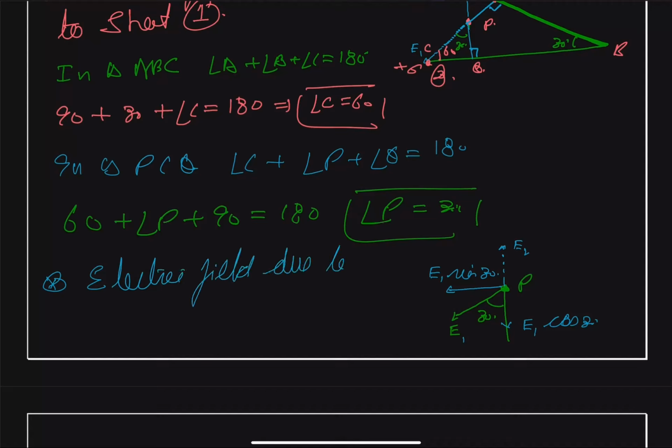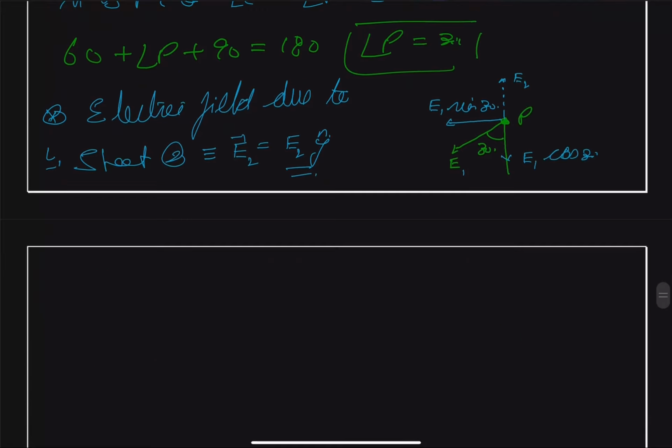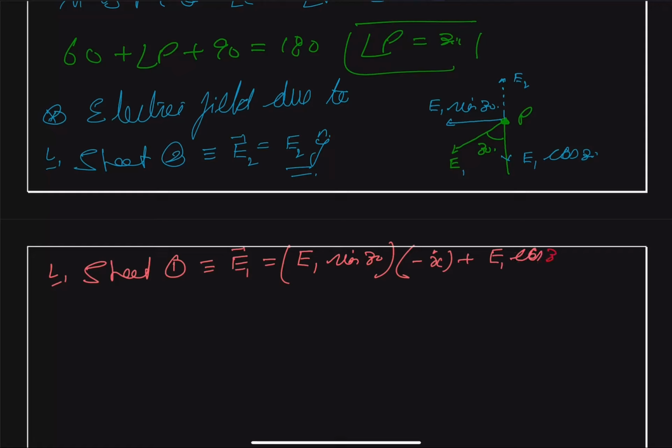Similarly, because of sheet 1, let us call this E1, this will be equal to: the x component is in a negative direction, so this will be E1 sine 30 in minus x unit vector, and plus E1 cos 30, and it is also in minus y direction.